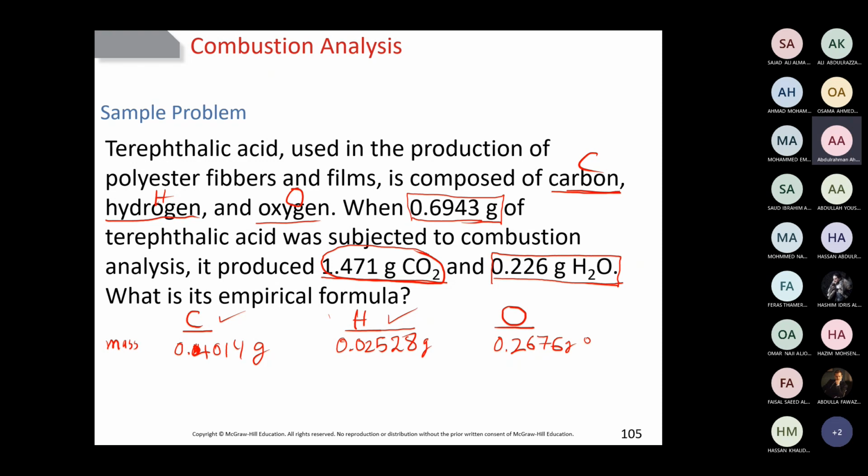What's the next step we're going to do? We divide all of them by the smallest number. No, first change to mole. Oh, okay. Change to mole. Yes, I forgot. What's the answer here? Quickly.